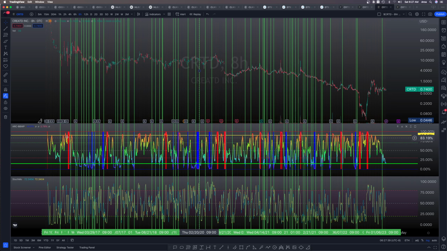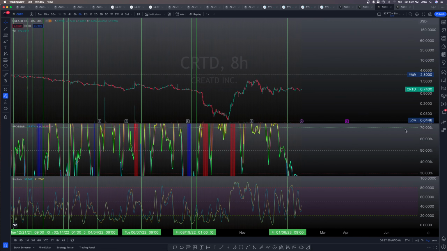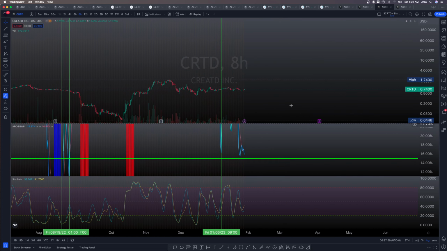Now, BBWP representing volatility is actually showing that we are almost at critical volatility or critical contraction, okay, which could be anything within the 15th percentile. Okay, so the interesting thing here is that yes, while we're not quite there yet, as you can see, the volatility component and the moving average are not quite at that critical volatility zone, this backtest would essentially be useless unless we are within it or at it.